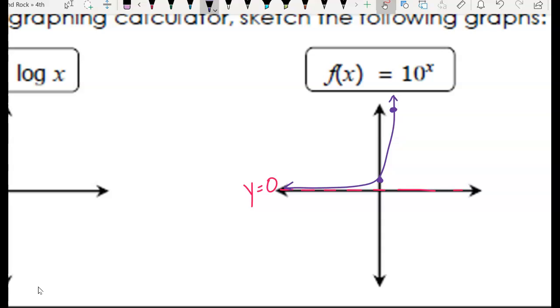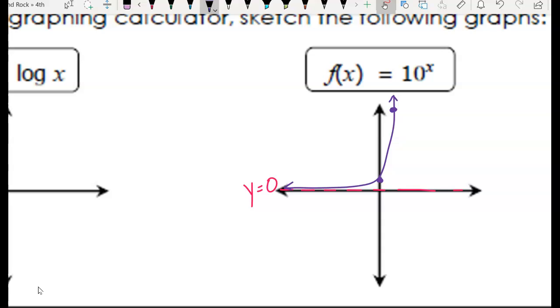Why do you think we graph this first when I'm trying to eventually graph log? We graph exponential first because exponential is the inverse of log.